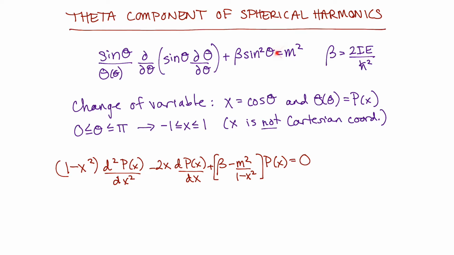But basically, we're just going from this form of our equation to this, and we did that using the substitution here, our change of variable. This expression has a special name. This is called Legendre's equation.